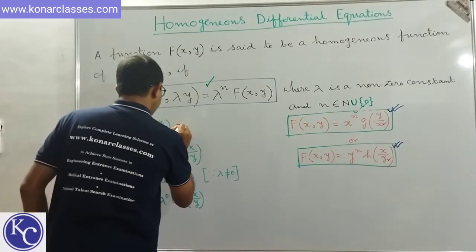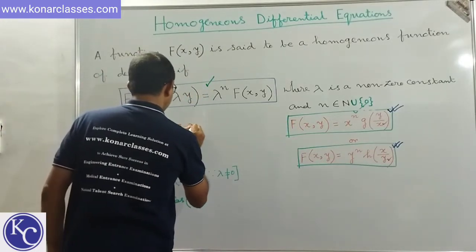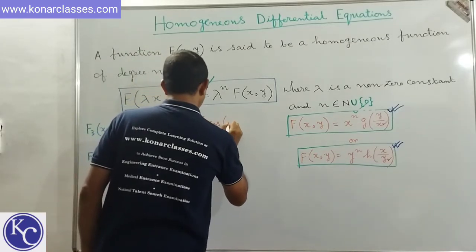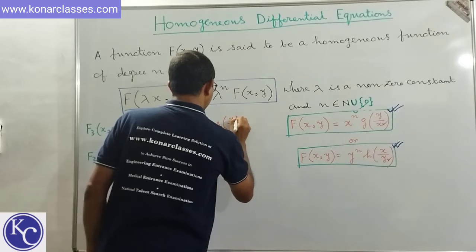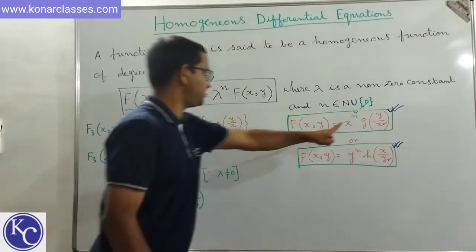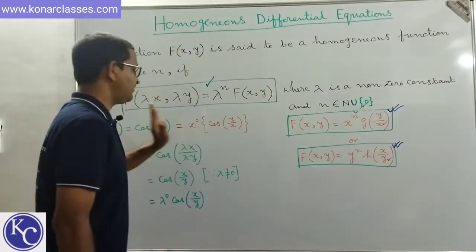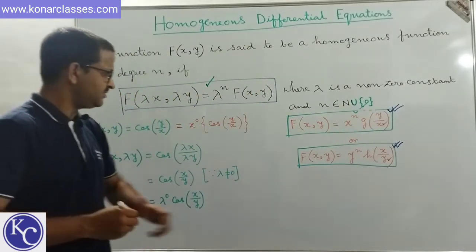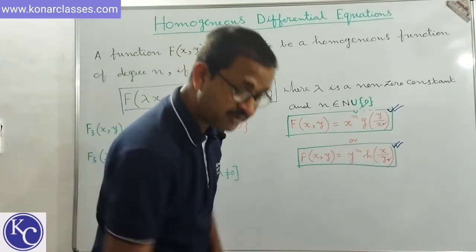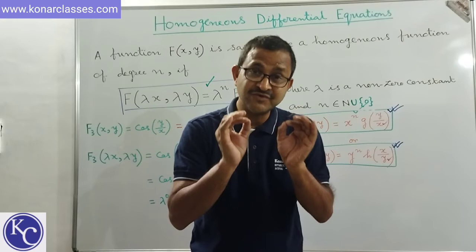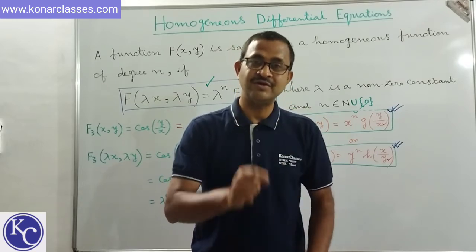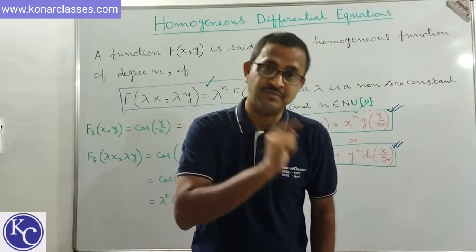Now let's see the other definition. If we apply this definition, it is pretty simple. This is equal to x to the power 0 into cos(y by x). So from this definition also we can say it is a homogeneous function of degree 0. This branch of definition we should not apply here. And most importantly, homogeneous differential equation is only applicable for those homogeneous functions which are of degree 0.